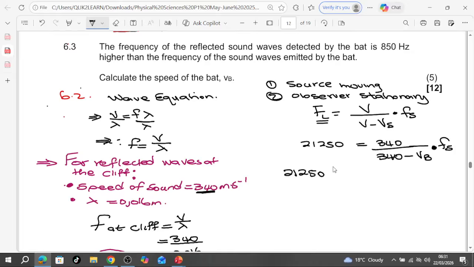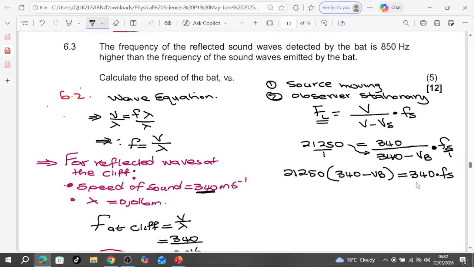Let's multiply this by the 340 minus VB, and then on that side we are left with 340 times Fs, because this is over 1, we just said this times that and the 1 times that, so this is also over 1.